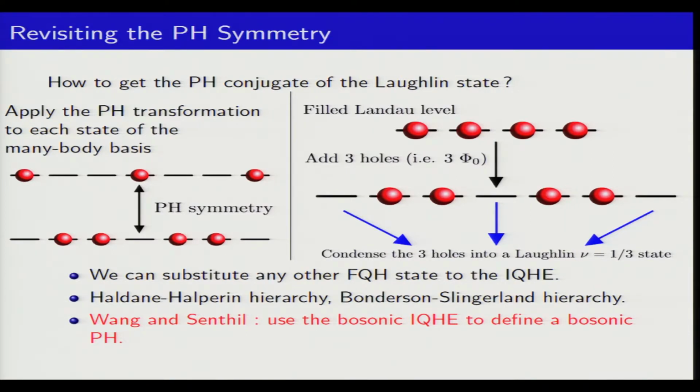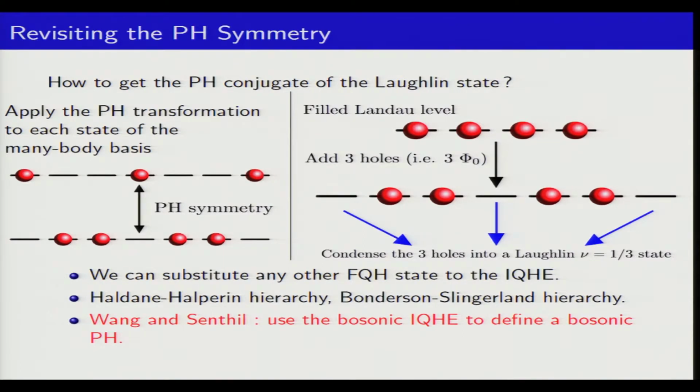So how to get, let's roll back a little bit and focus first on the fermionic system. If I give you a wave function, let's say the Laughlin state, and I ask you to compute the particle-hole conjugate of this wave function, there are 2 ways to do that. The first one is to apply the particle-hole transformation to each state of your many-body basis.